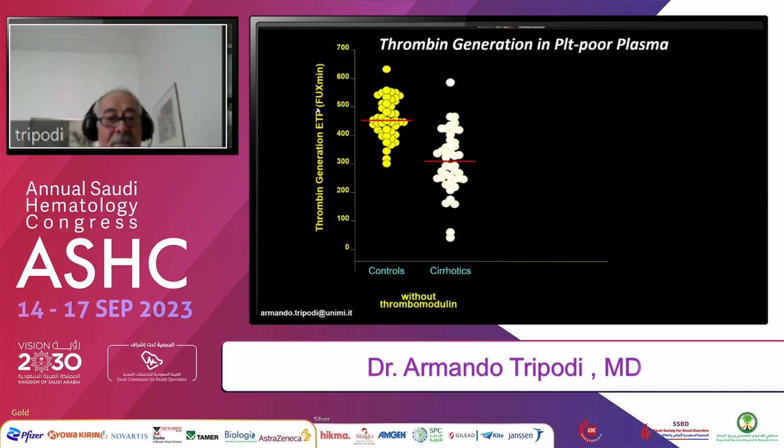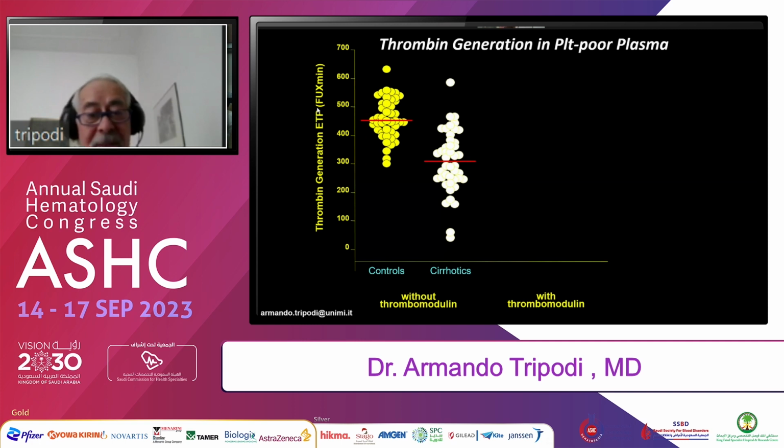And this was completely expected because it reflects the partial deficiency of procoagulants in these conditions, which is not counteracted by the partial deficiency of anticoagulants, because here there is no thrombomodulin in the system.